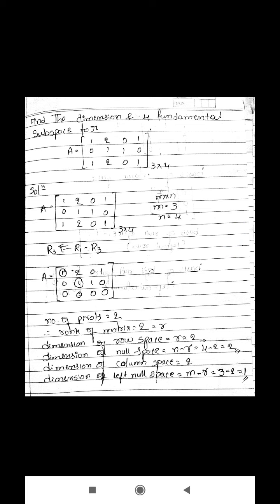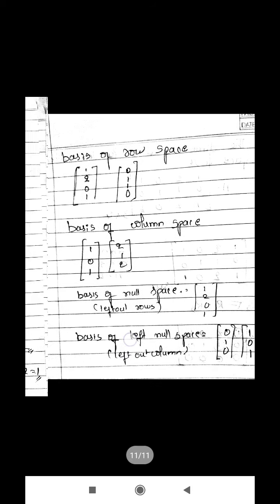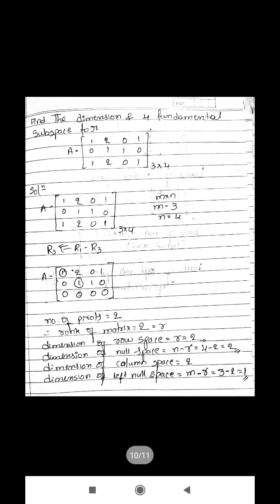Now we will find the basis for each. Basis for the row space: while taking the basis you should not take the reduced form of the matrix. You have to consider the original form of the given matrix.